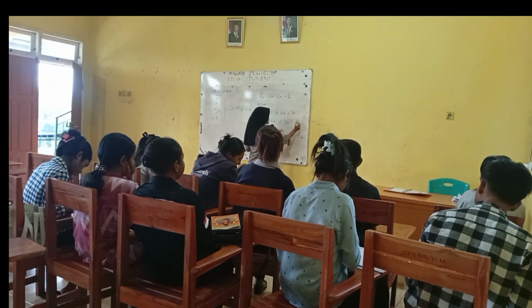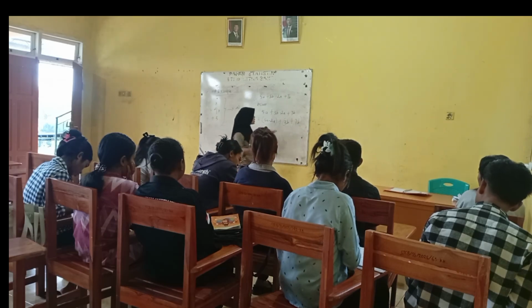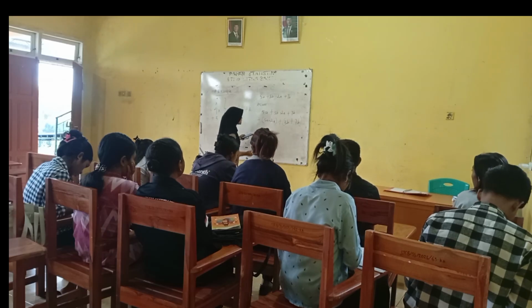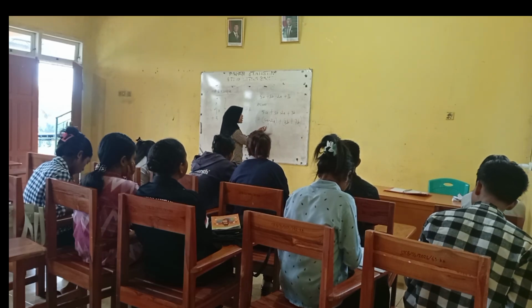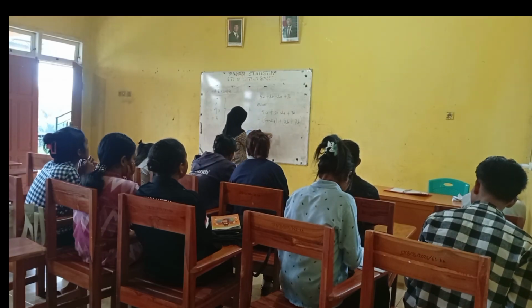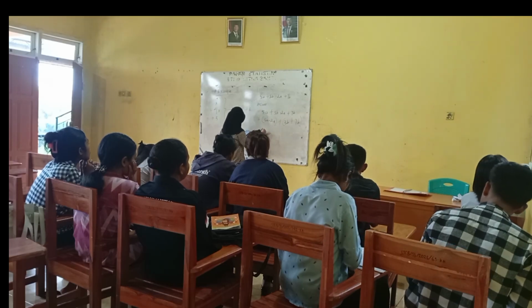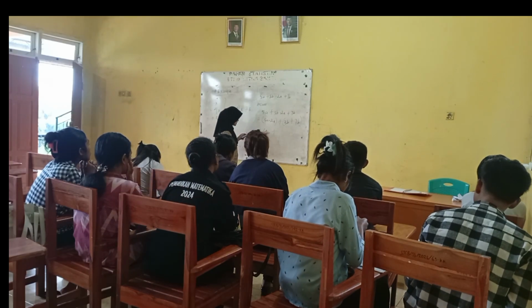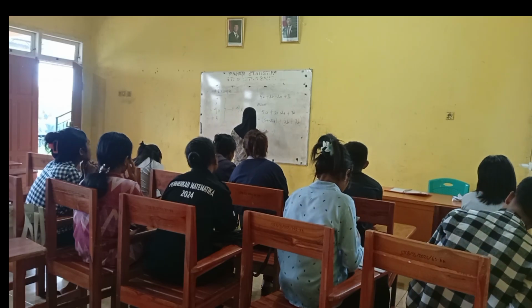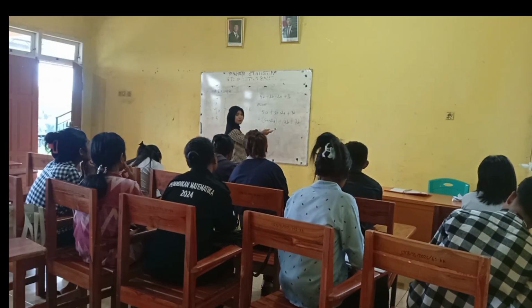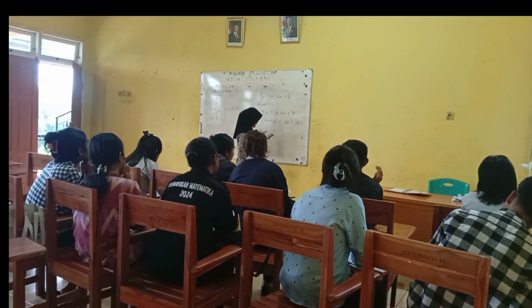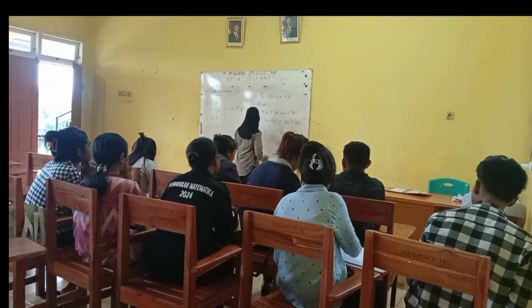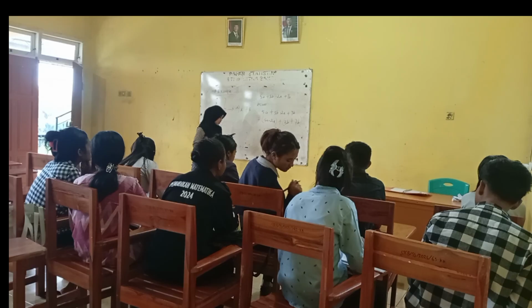Good, Titania. 5A minus 2A equals 3A, and 3B plus 7B equals 10B. Good job.